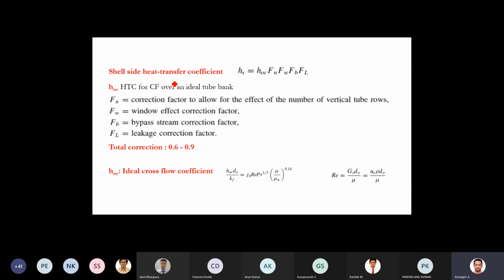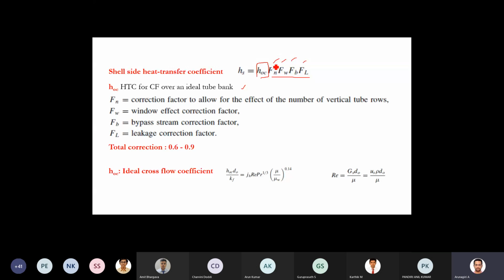Then we can go for the estimation of correction factors. So we have 4 correction factors on the cell side. This HOC is the heat transfer coefficient for cross flow over an ideal tube bank. First you have to calculate the HOC. It has to be corrected by these 4 different correction factors.